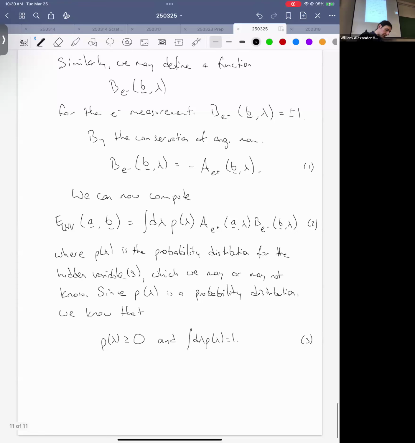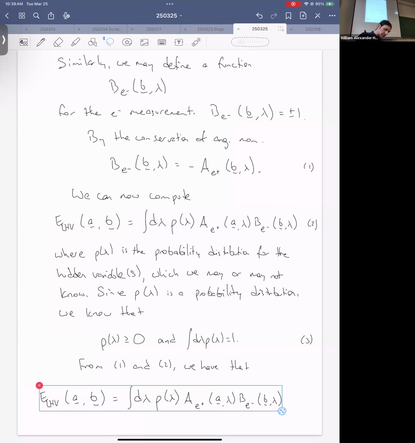All right. So from 1 and 2, we have that this expectation value of A and B, we can simplify it a little bit.